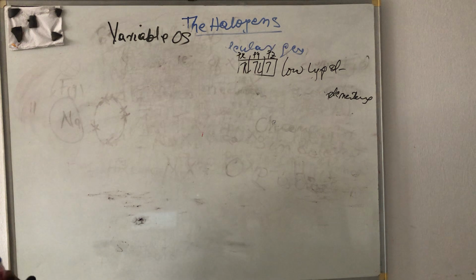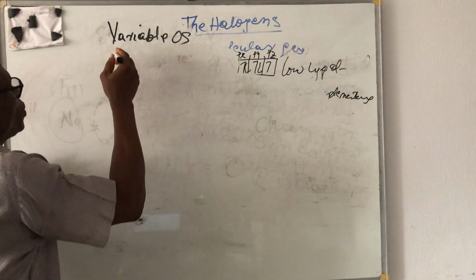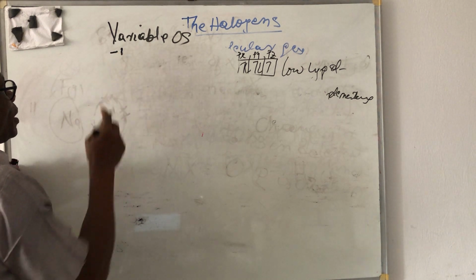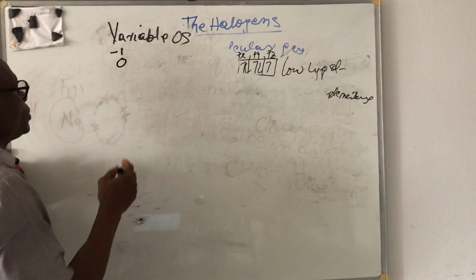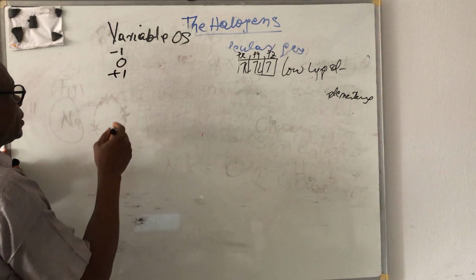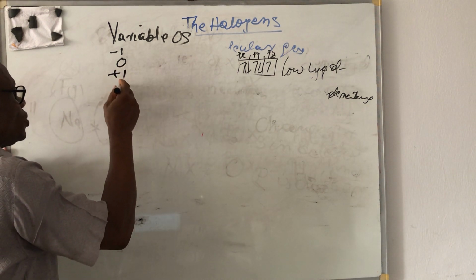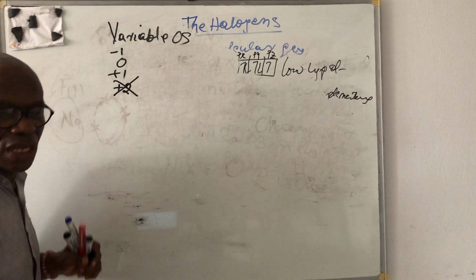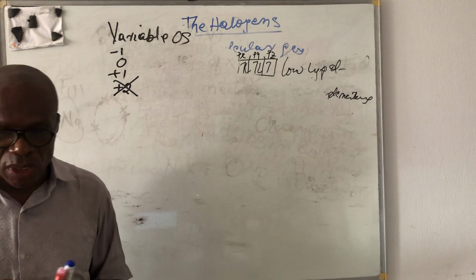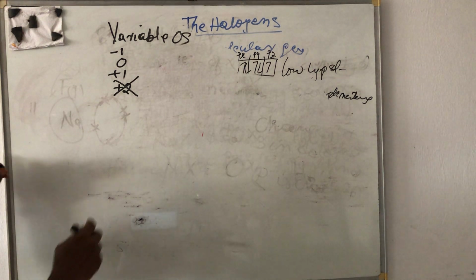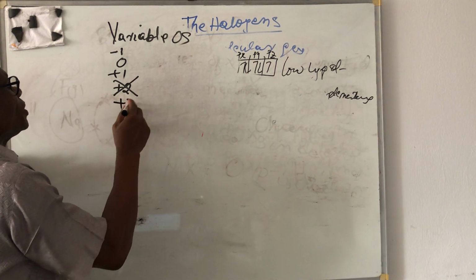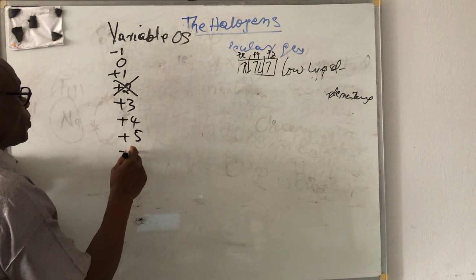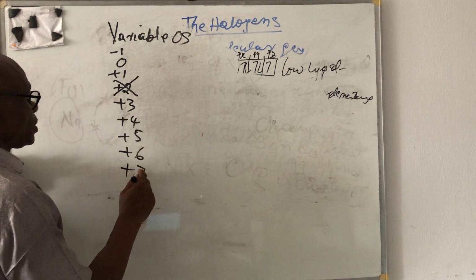That is to say, halogens are able to show -1, 0, +1. +2 is not possible with the halogens. Halogens do not show +2 oxidation state. They will show +3, +4, +5, +6, and +7.